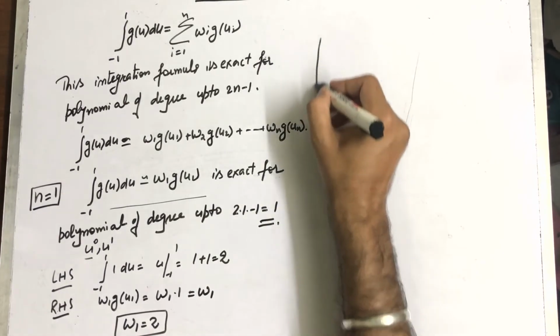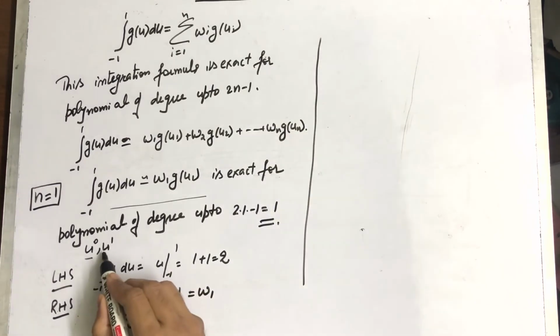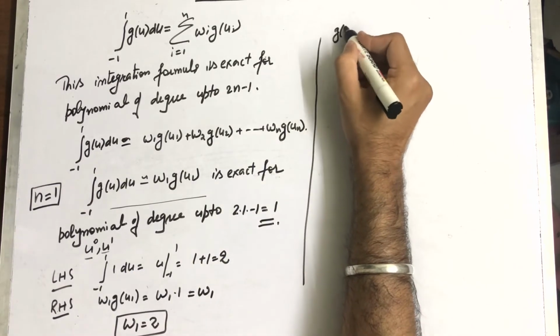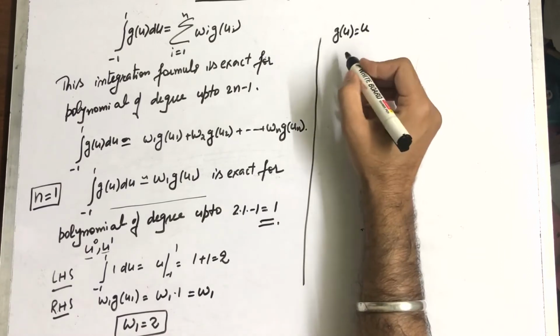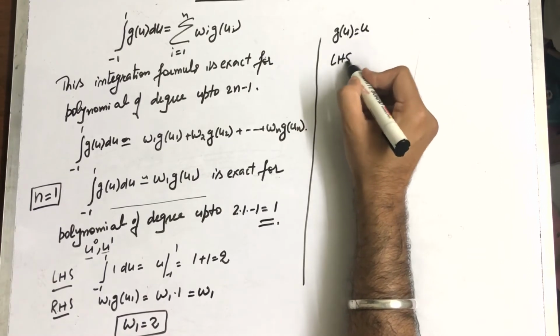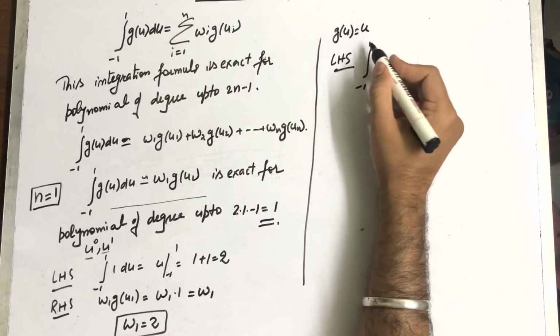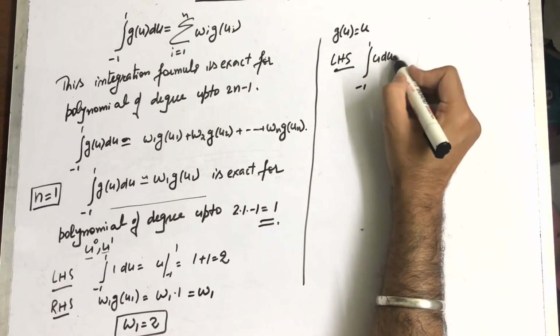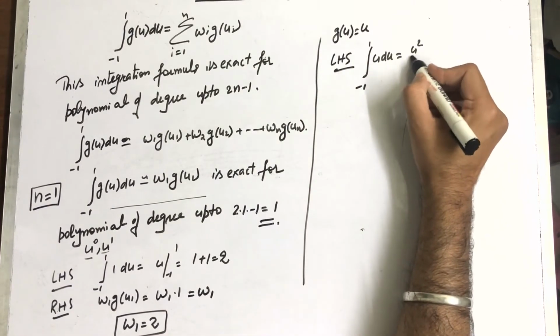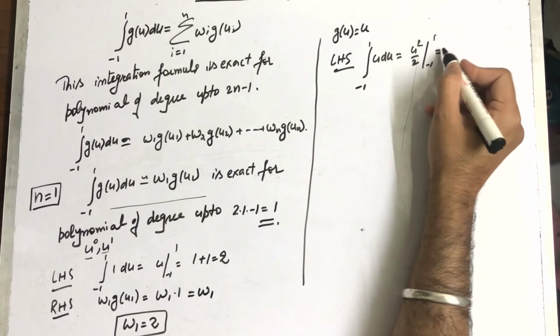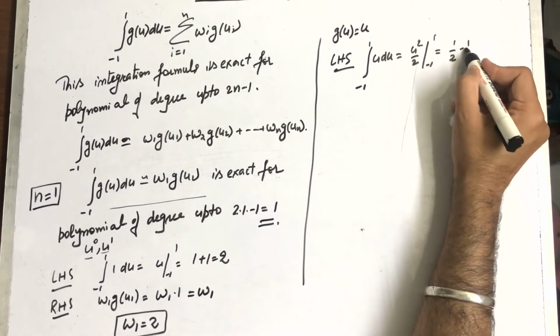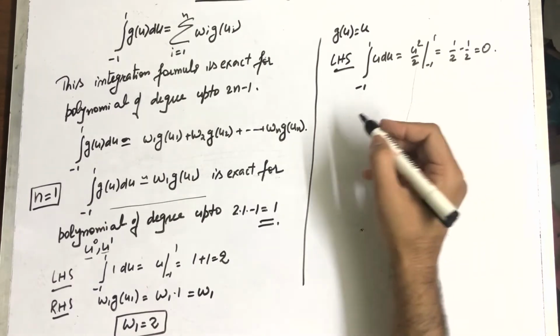Now for the second, let g(u) is equal to u. In that case, the left hand side will look like the integral from -1 to 1 of u du. Its integration is u square by 2, that is 1 by 2 minus 1 by 2, that is 0.